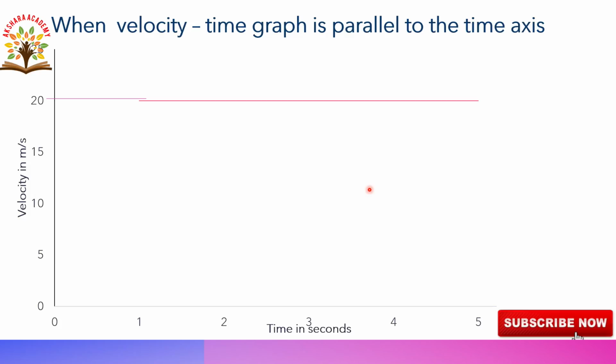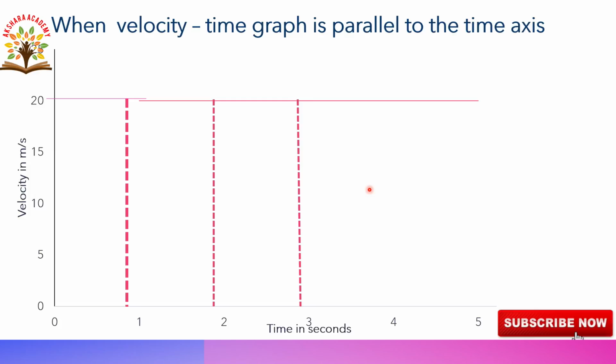So what is the distance covered in this specific direction? Here we are drawing the lines. At the first second the velocity is 20 meters per second, at 2 seconds 20 meters per second, at 3 seconds 20 meters per second, and at 4 seconds also 20 meters per second.